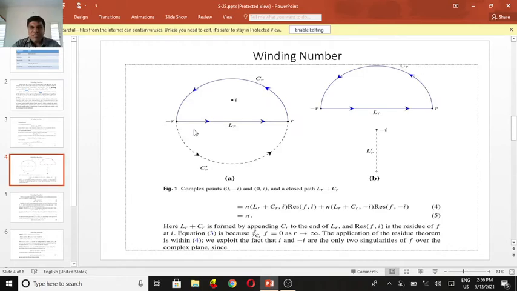We see this is a linear path from minus R to R. If we observe the figure, the linear path moves from minus R to R, and then we come to the circular path CR. See the direction: the linear path moving from minus R to R comes to the circular path CR.